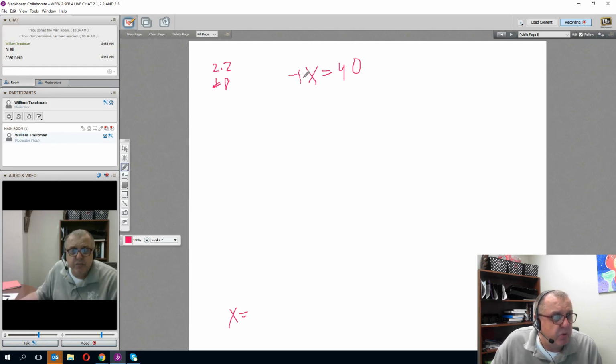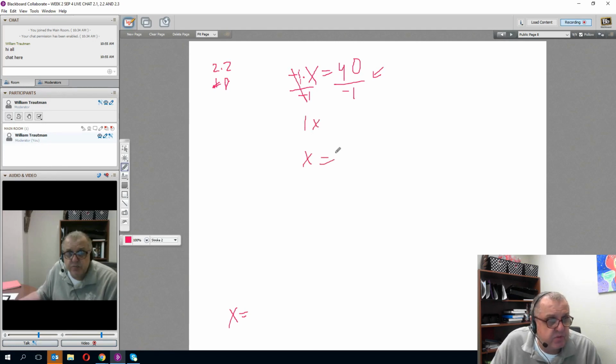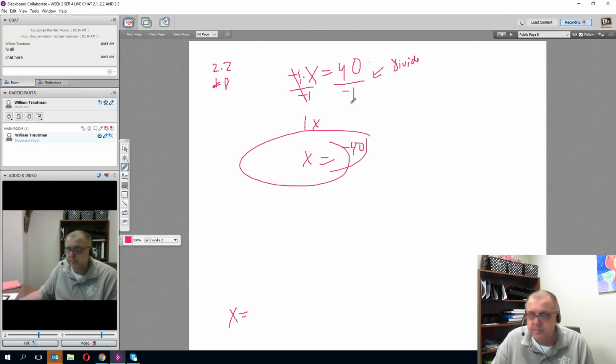So there's an invisible 1 times x. The only way to get rid of this is divide by negative 1. Negative 1 divided by negative 1 is a positive 1x. On my calculator, a positive 40 divided by a negative 1 is a negative 40. And that's my answer.